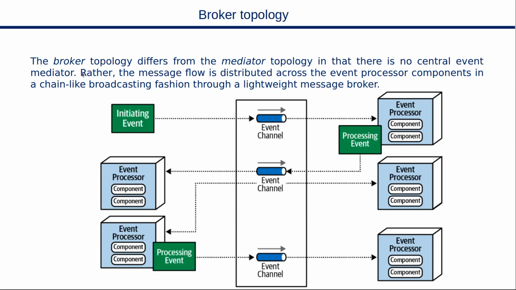Rather, the message flow is distributed across the event processor components in a chain-like broadcasting fashion through a lightweight message broker. So as you can see here, we have a list of event processors, and the flow goes from one event processor to another, and so on.